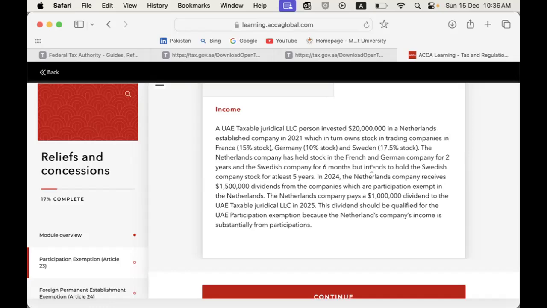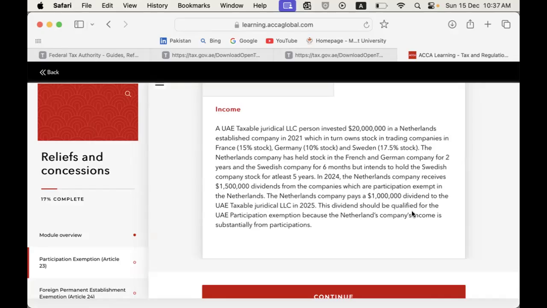So if you remember, intention to hold stock also counts, right? In 2024, the Netherlands company receives $1.5 million worth of dividend from the companies which are participation exemption in the Netherlands. The Netherlands company pays $1 million worth of dividend to the UAE taxable LLC in 2025.